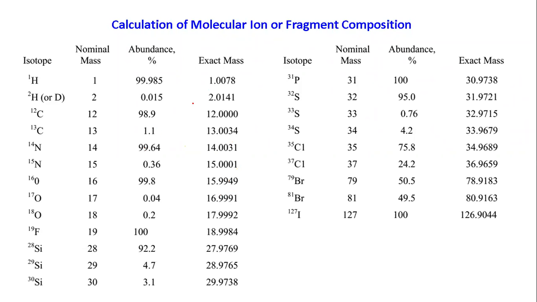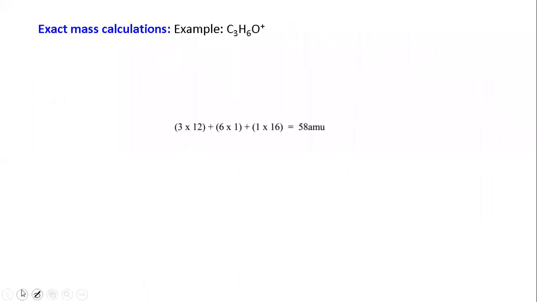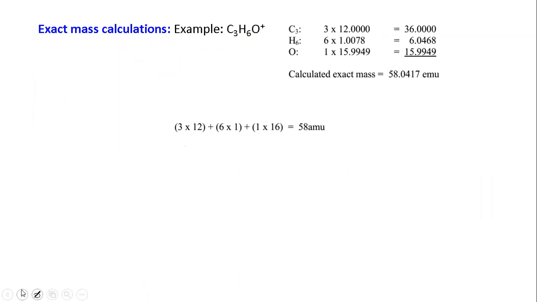So they have their nominal mass, they have their exact mass. Okay. So suppose we have a molecule which is generating a cation like this. Okay, so we can have their exact mass calculation.